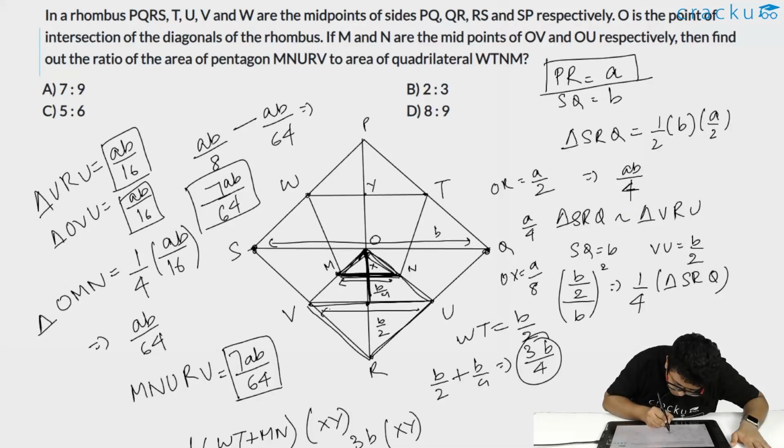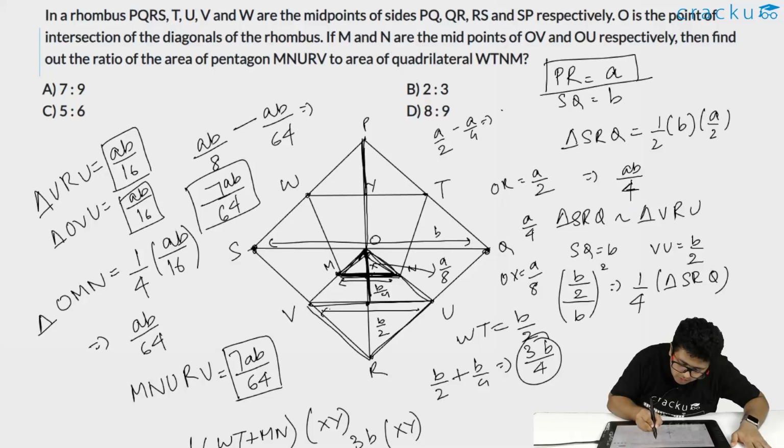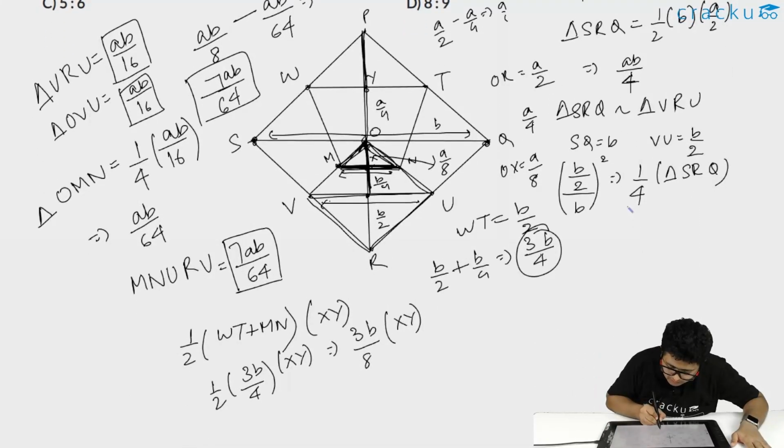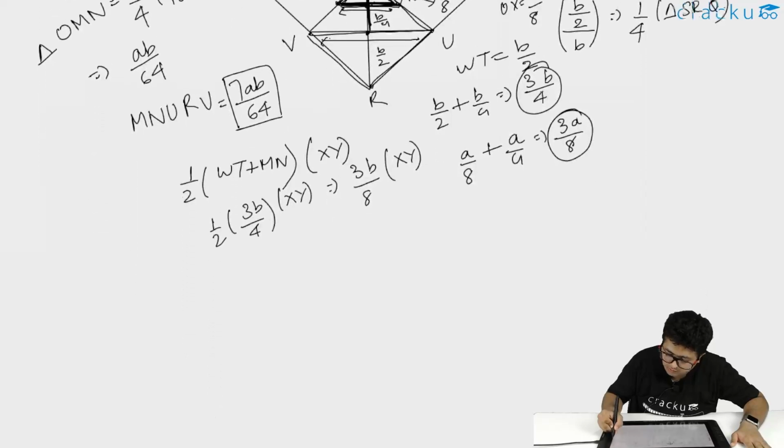This whole thing is A by 2, and this part will be A by 4. So A by 2 minus A by 4 will be A by 4. So Y to O will be A by 4. Now adding it up, we have taken the value of X as A by 8 and the value of Y as A by 4. This will give us 3A by 8, which is equal to the height or the distance between the parallel sides.